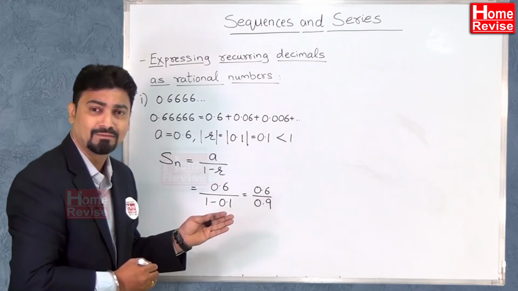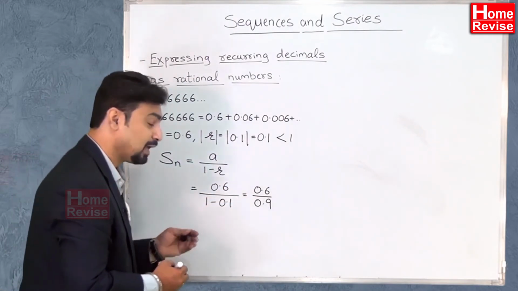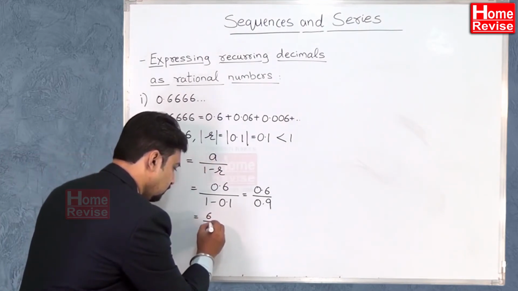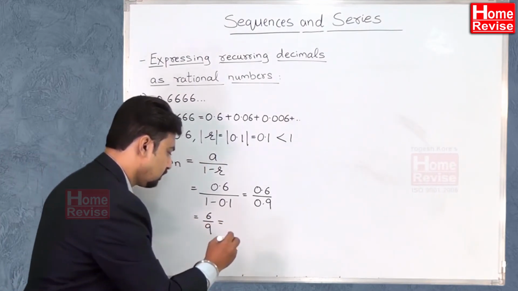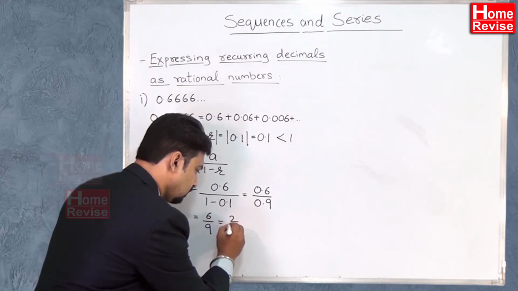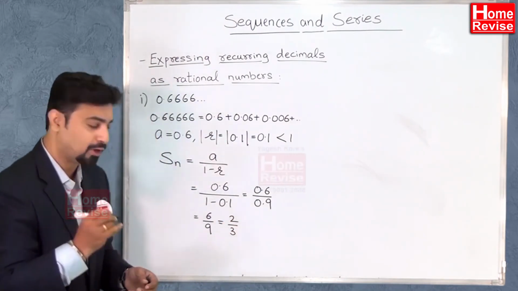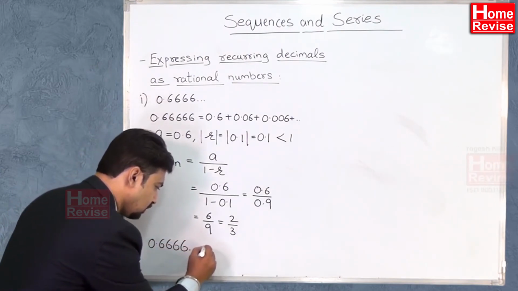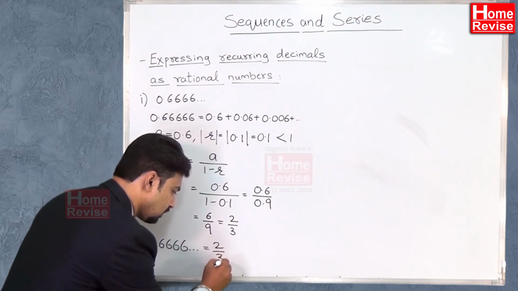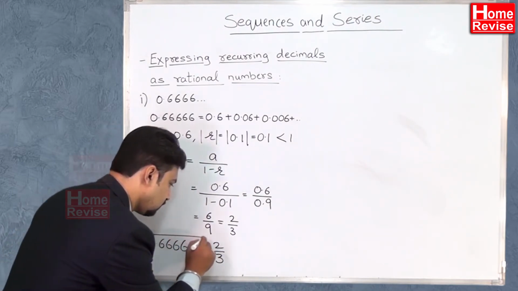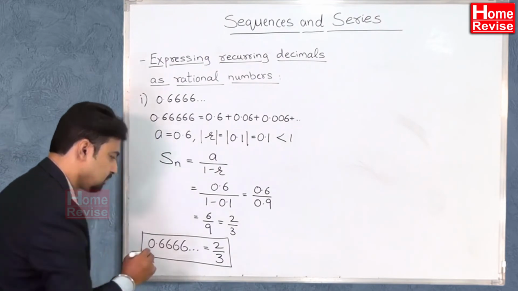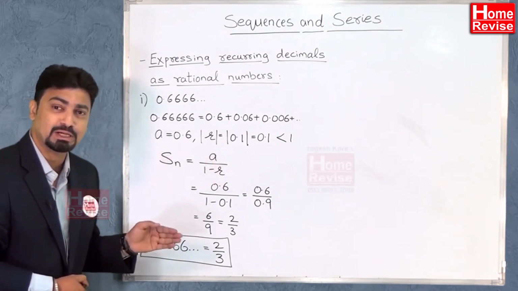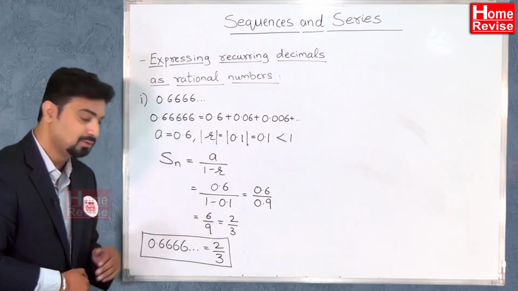If I multiply by 10, I will get 6 upon 9, and 6 upon 9 if I reduce, I will get 2 upon 3. So therefore I can write, I have converted the recurring decimal 0.666 into a rational number, that is 2 upon 3.